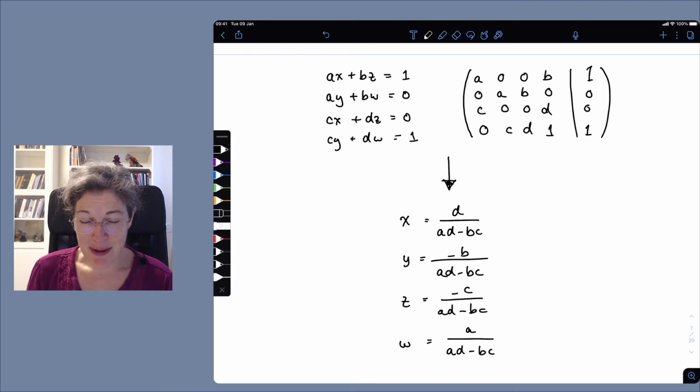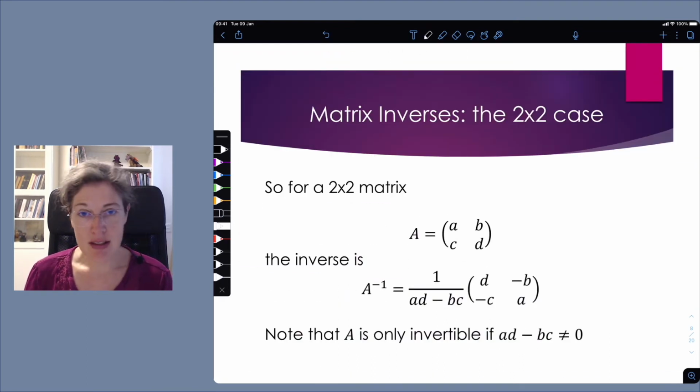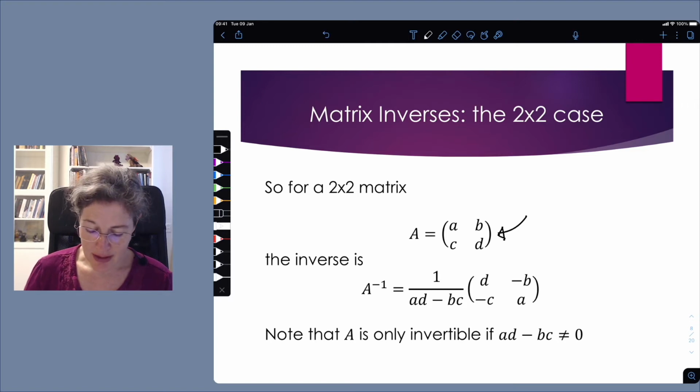Okay, bear with me. What does this tell us? This tells us that if you have any old 2 by 2 matrix with those elements, then you can find an inverse most of the time. And that inverse will look like this thing over here.